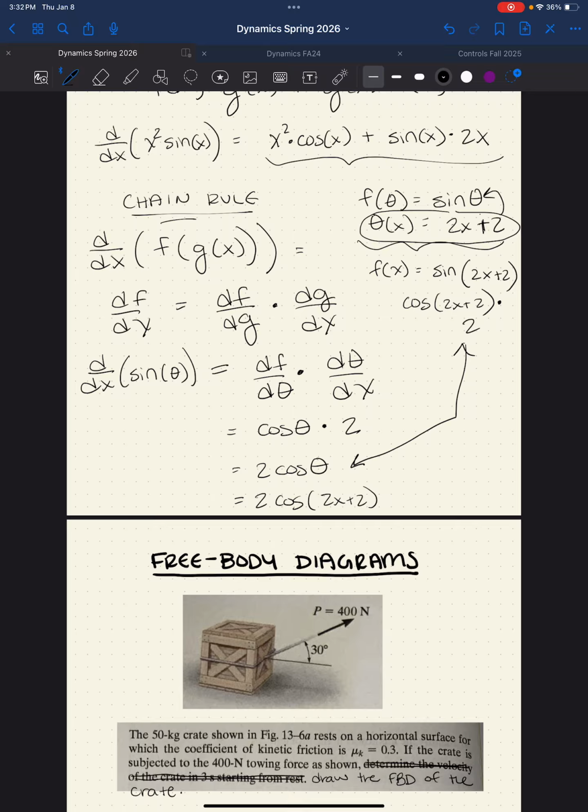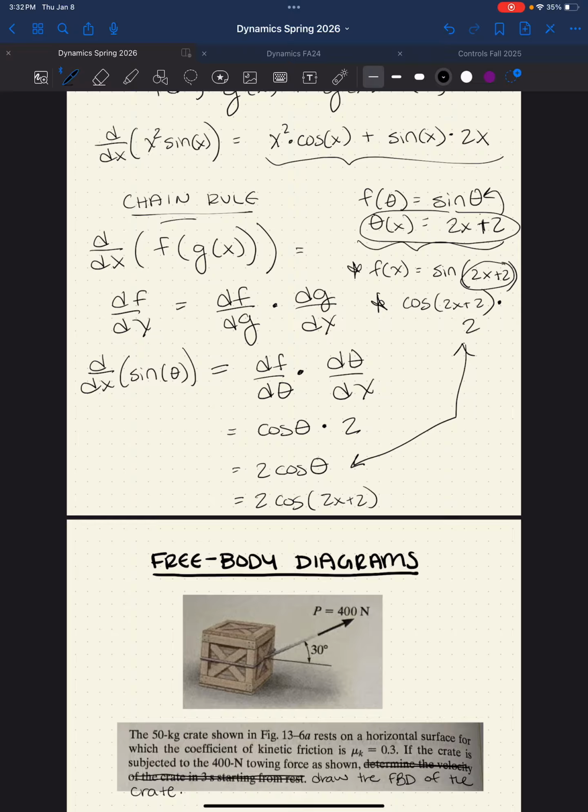Same thing. I understand why this one might make you a little bit more comfortable, but I want to encourage you to try to avoid doing this substitution here where you substitute in for theta to try to get rid of all the thetas, because there are later classes in which you will have to do a repeated chain rule. You're going to have to do chain rule once, and then you're going to have to do chain rule again, and you can keep going on and on and on.